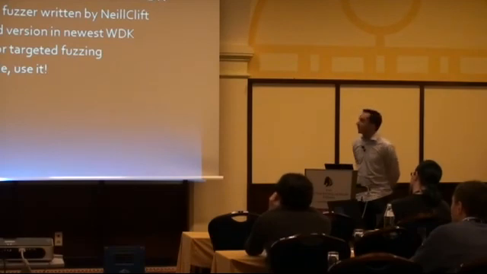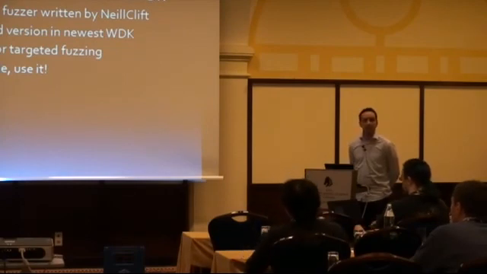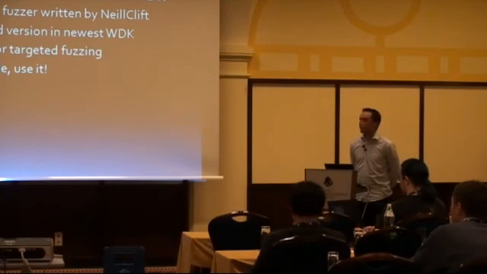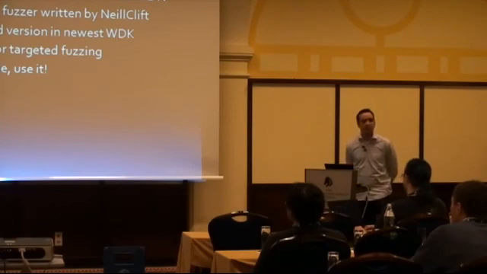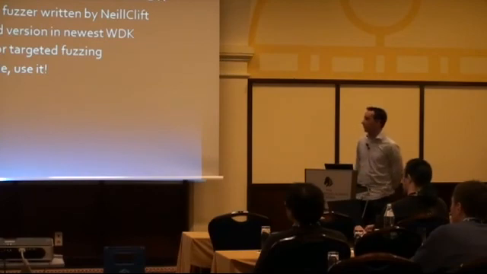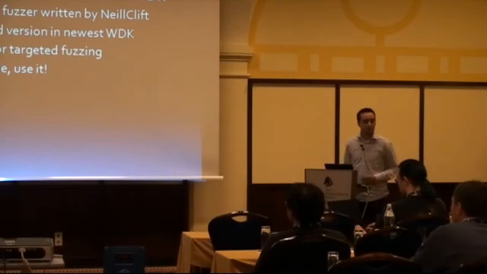This tool was developed by Neil Clift, and in the latest WDKs for Vista and Windows 7, there is an improved tool on that one called DC2. Basically, with this one, there are a number of switches where you can say, okay, fuzz these APIs, fuzz these IOCTLs, etc. If you are developing in kernel mode, use it. It's integrated in your development lifecycle. It's free. We're not going to charge you.